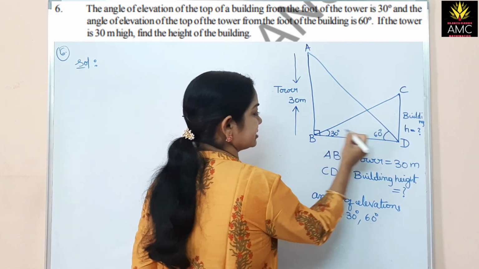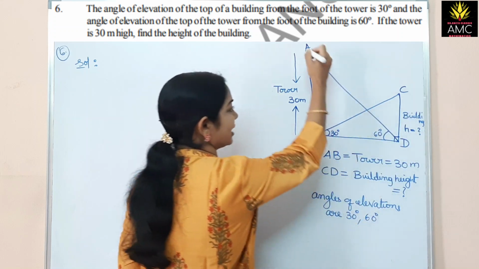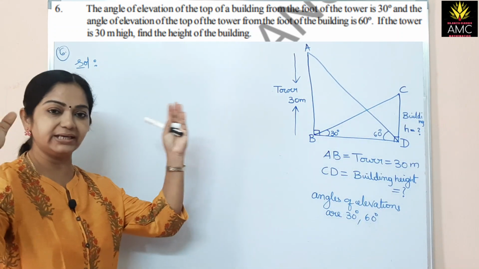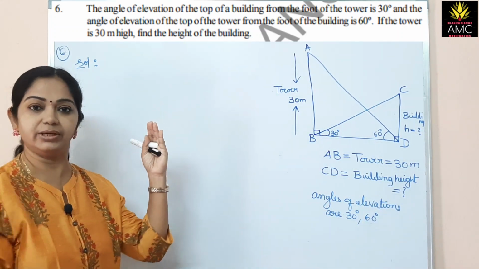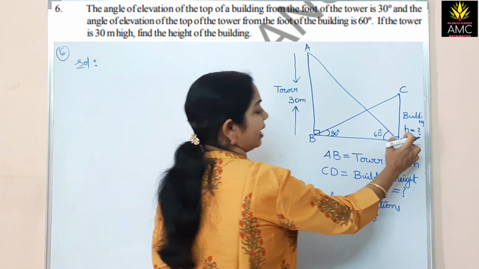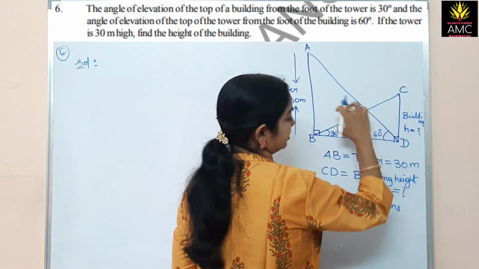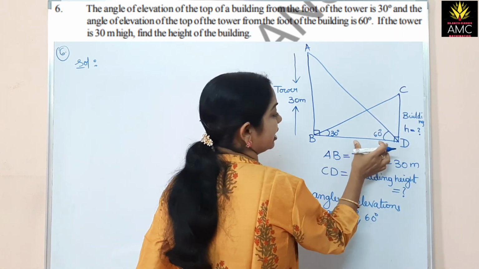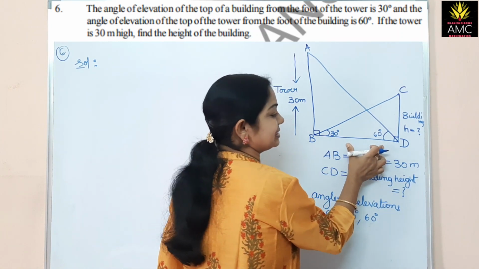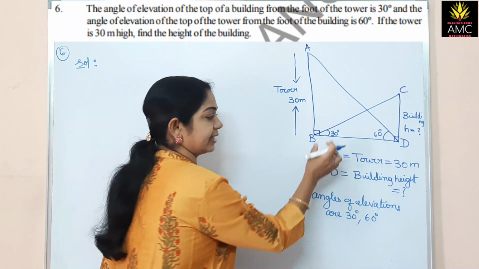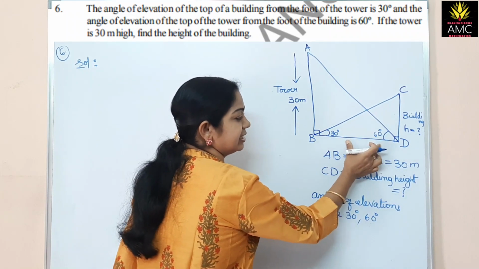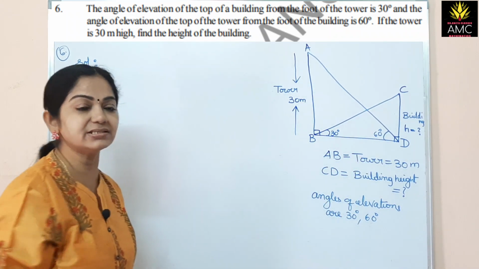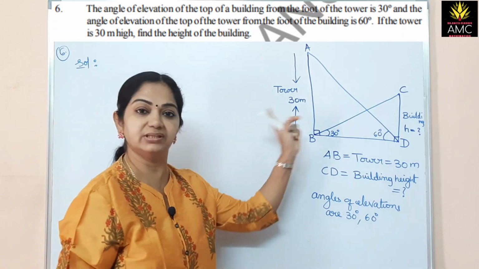These are right angles, because the building as well as the tower will be vertical to the road, to the earth. So both triangles are right angle triangles. And BD is the adjacent side for the angles 30 degrees and 60 degrees, so the adjacent side is common for both triangles.